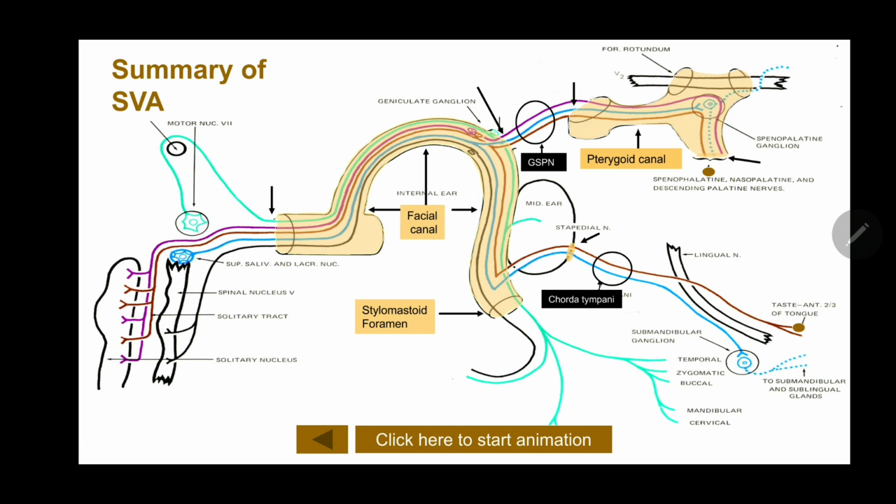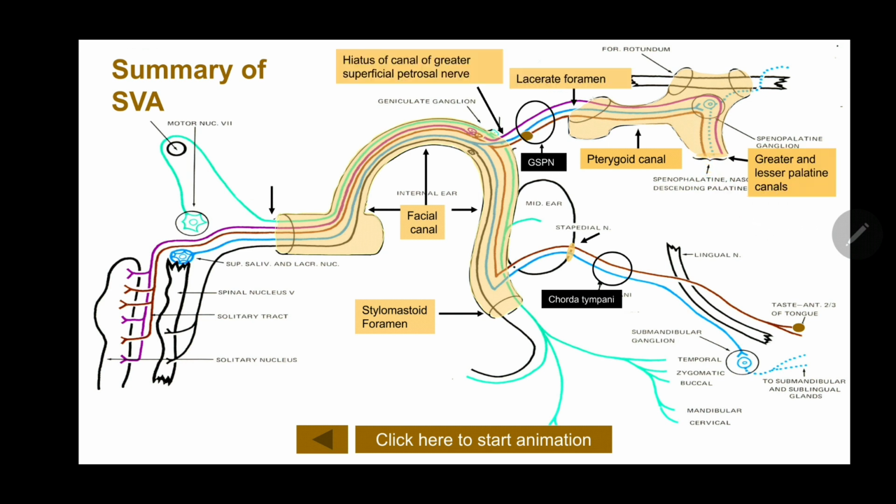Okay. Now the summary of special visceral afferents, meaning from the palates as well as the anterior two-thirds of the tongue, except, look here, the circumvallate papillae. The sensation is brought in here from the palate, both hard and soft palate. So they are relayed here, in the upper portion of the nucleus tractus solitarius, right?